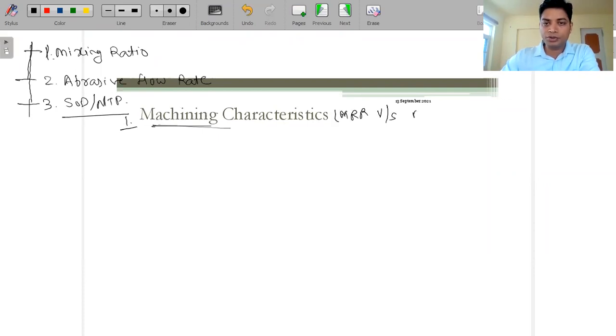First, the machining characteristics between the material removal rate versus mixing ratio, MR, I'm writing. So this is the mixing ratio. What is the mixing ratio exactly? We have already discussed it in the process parameters.